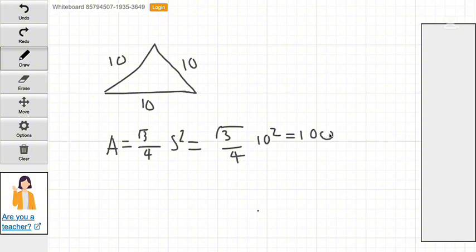And then after that, what we want to do is divide it by 4, and that's equal to 25 root 3. Let me just put that into a calculator real quick to check. Yep, that's about correct. And that's what you want to do for that.